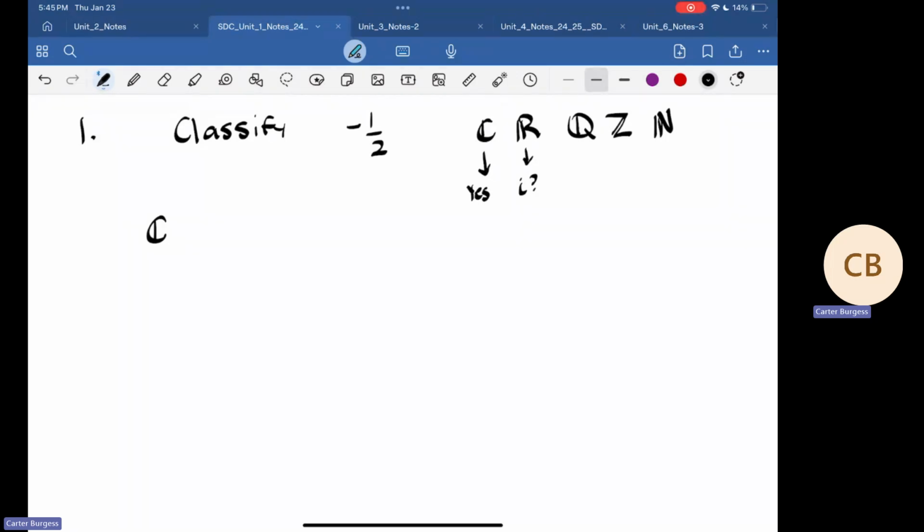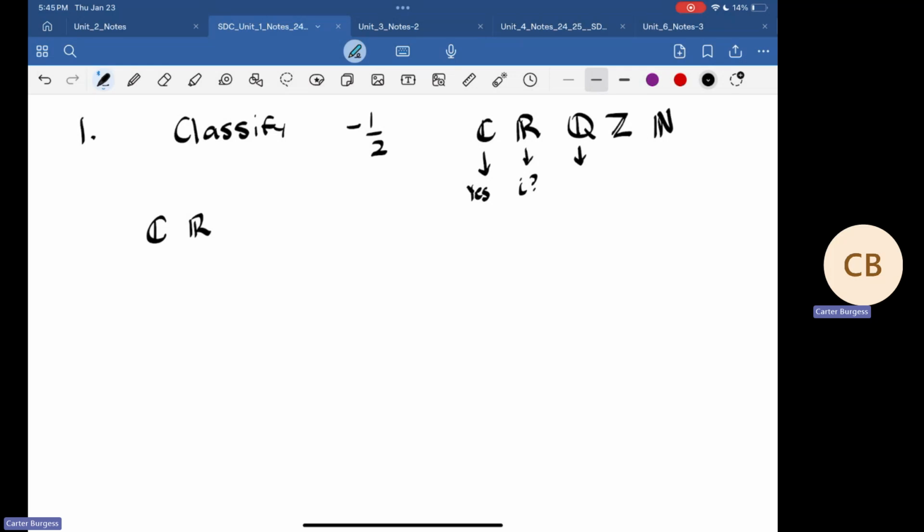In this case, you'll notice that we do not have i, which would indicate that our number is imaginary, or not necessarily imaginary, I suppose, but that it would only be complex. In this particular case, notice that we do not have an i. Therefore, we can safely say that we have a real number as well.